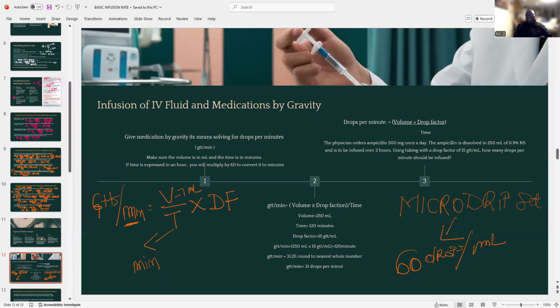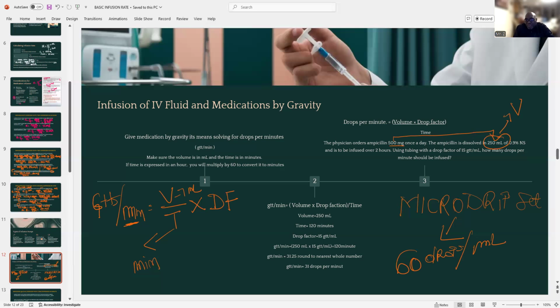Let's do this exercise. The physician ordered ampicillin 500 milligrams, that's an antibiotic, once a day. The medication is dissolved in 250 ml, so 250 ml is your volume.